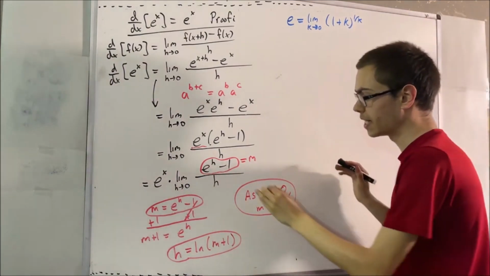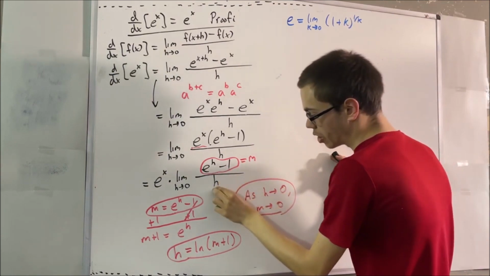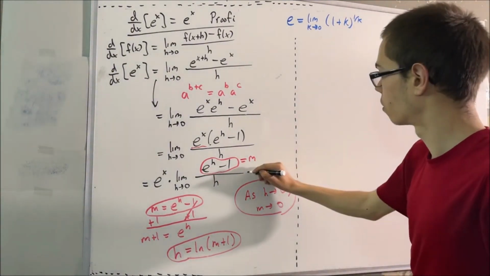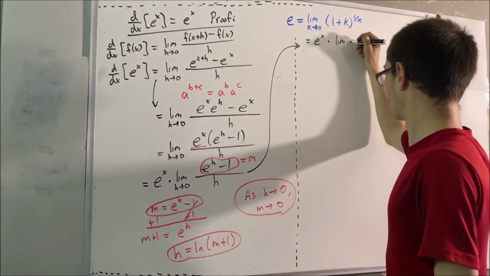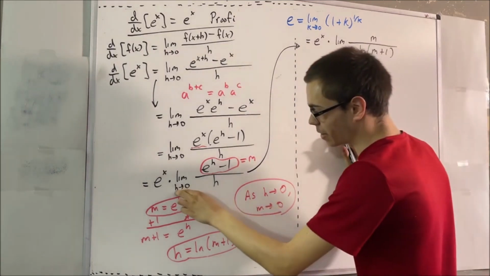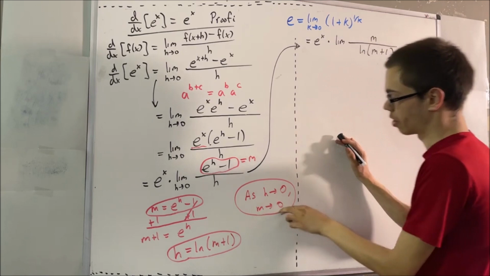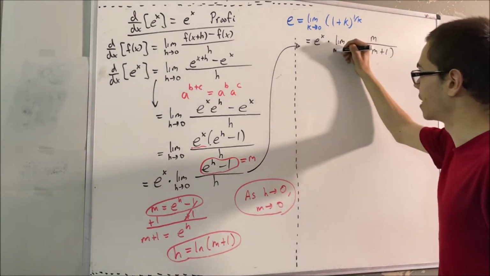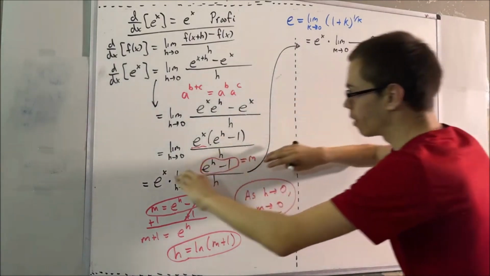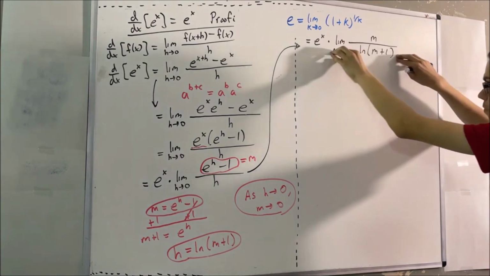We're going to replace e to the h minus 1 with m, and we're going to replace h with the natural log of m plus 1. And remember, we're taking this limit as h approaches 0. As h approaches 0, m approaches 0. So we're going to be taking this limit as m approaches 0. So now we have converted our limit completely in terms of m. So this is the limit that we're going to evaluate.